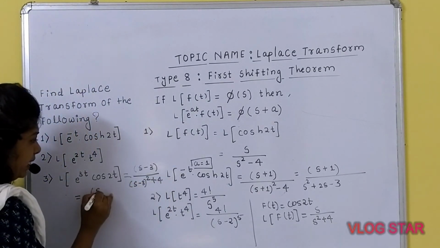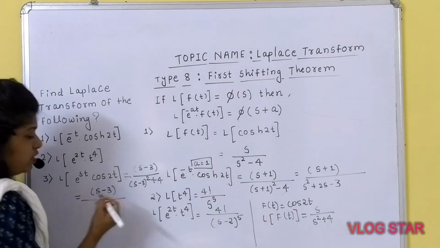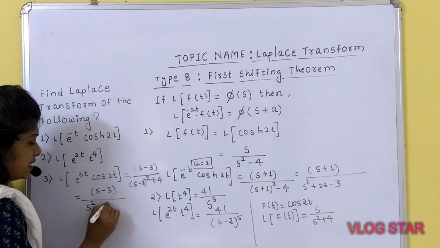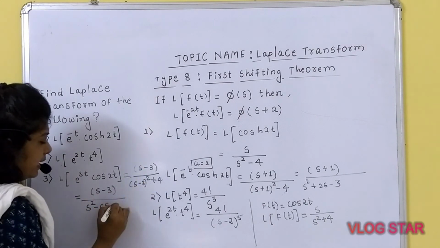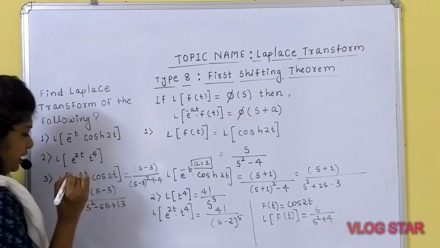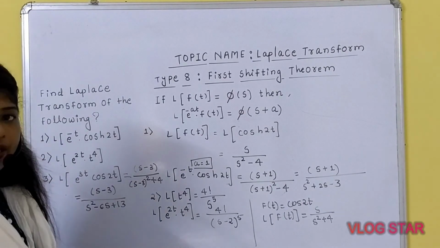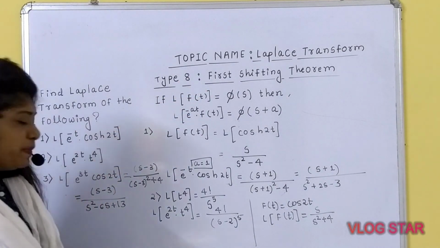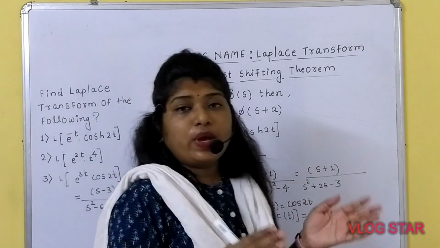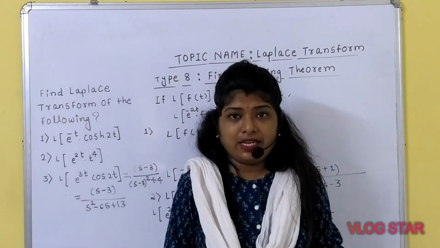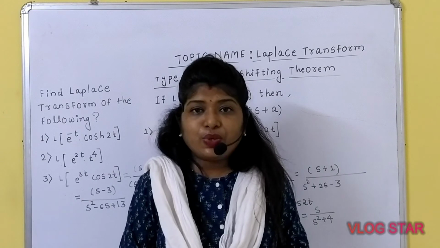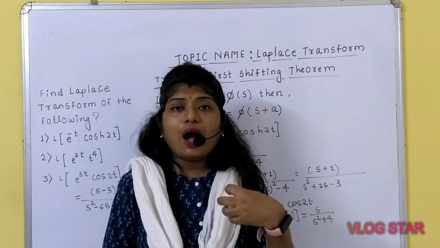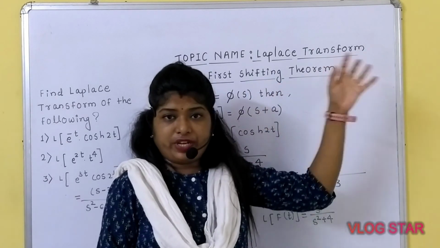After applying a minus b whole square formula, you will get s square minus 6s plus 9 plus 4, which is 13. So the final answer, by applying first shifting theorem, is s minus 3 upon s square minus 6s plus 13. I hope you have understood type number 8 related to Laplace transform, how to apply first shifting theorem.